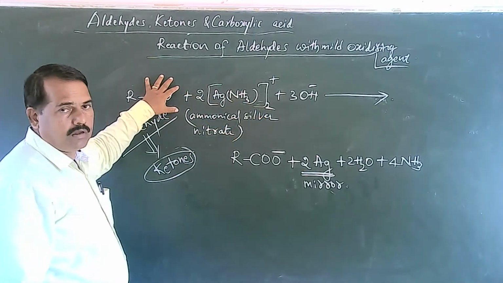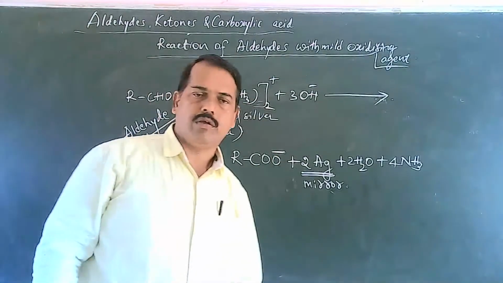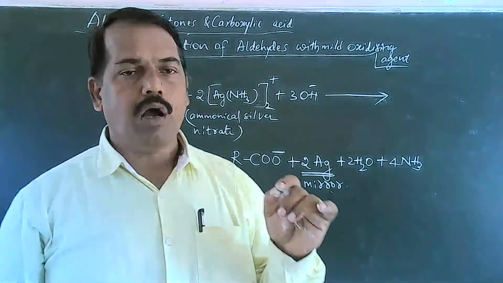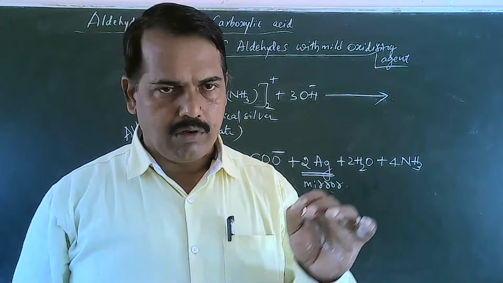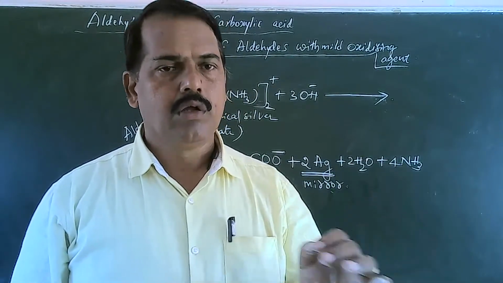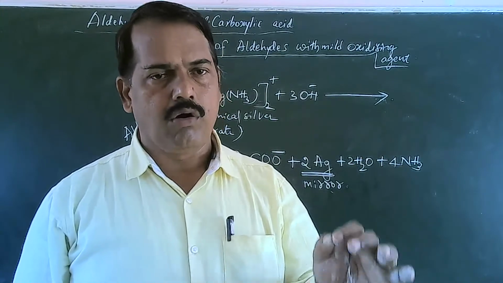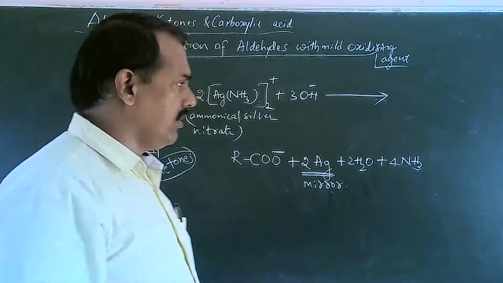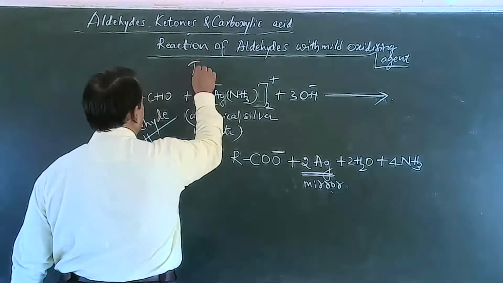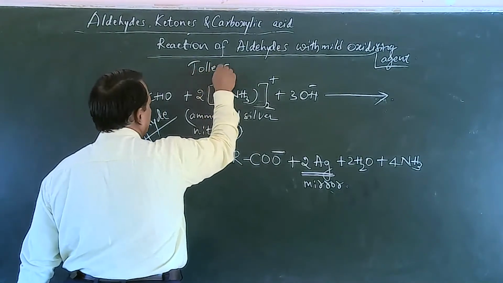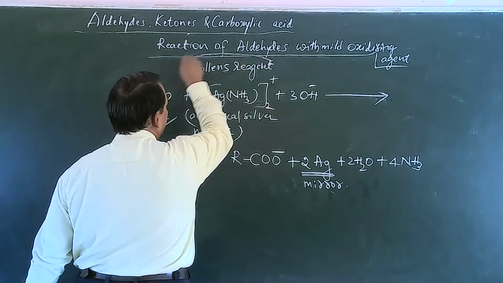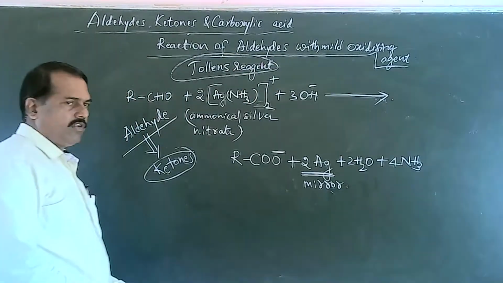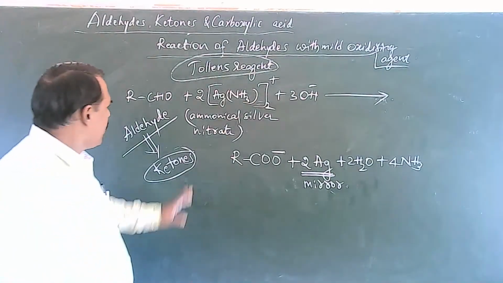Aldehyde on heating with ammoniacal silver nitrate solution, this particular reagent is called Tollens reagent. Are you clear?